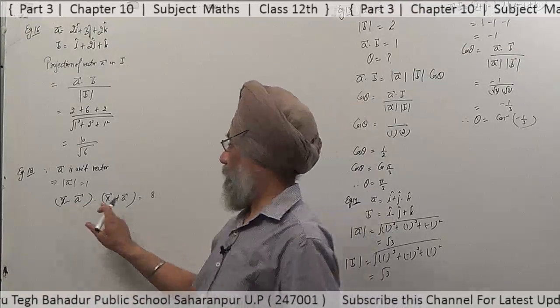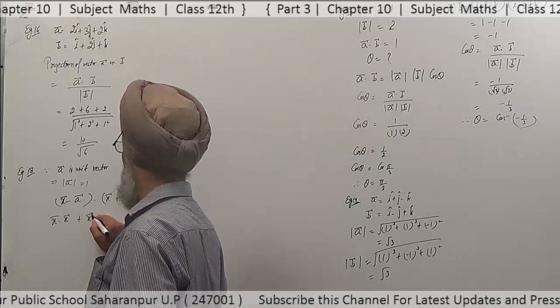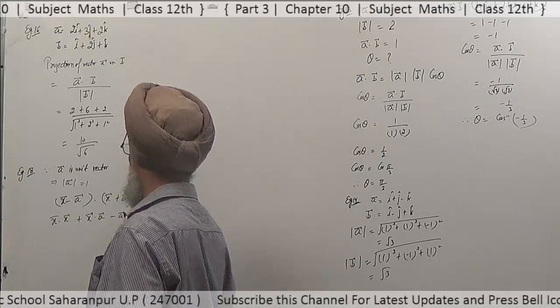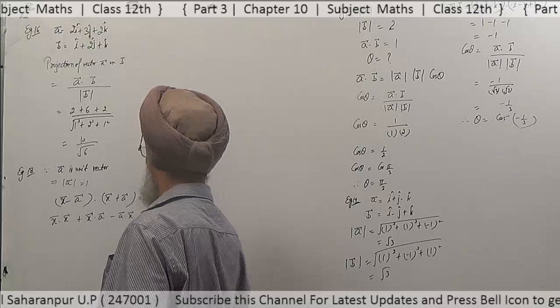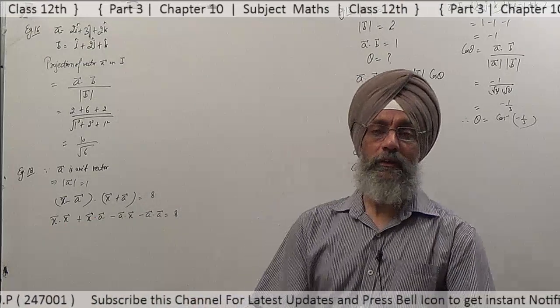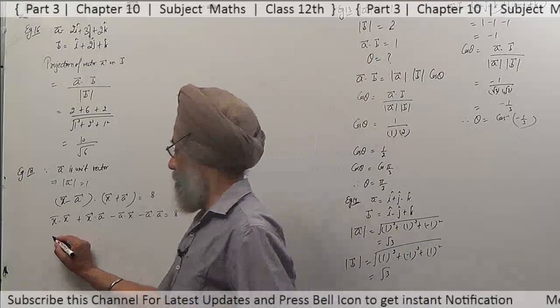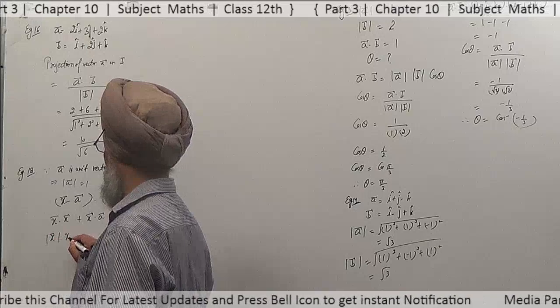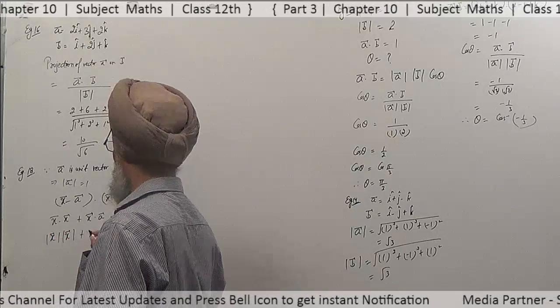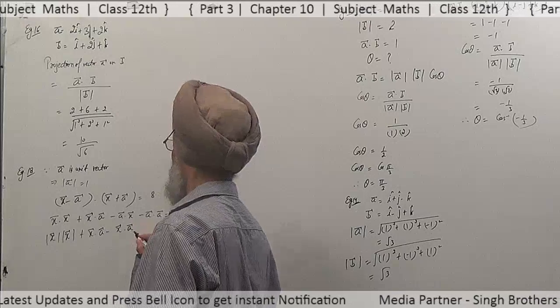Now x dot x plus x dot A minus A dot x minus A dot A. These are like vectors. When the vectors are like vectors, the angle is 0 and cos 0 is 1. So it becomes simply magnitude of x, magnitude of x. X dot A or A dot x mean the same thing because they are commutative.